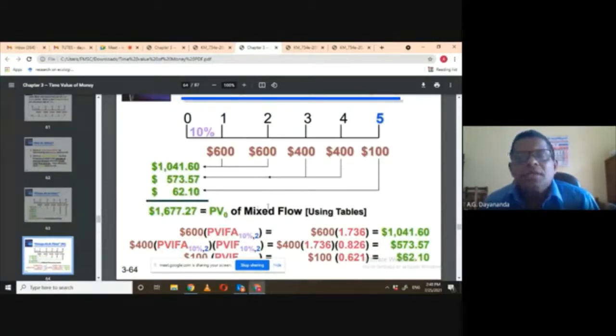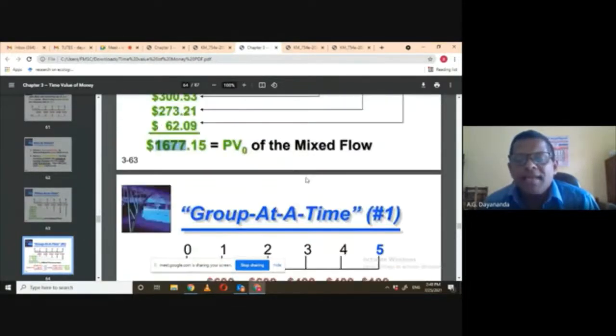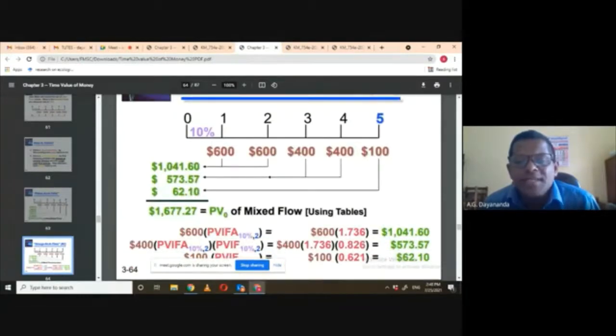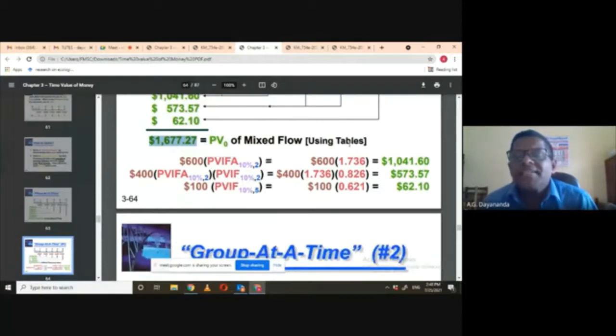Here, of course, the other way is, these two figures are similar, so you get the same answer, but they consider these two as the same but with a different factor. I'm not asking you to do it that way. We will omit that way. The factor is a little bit different.